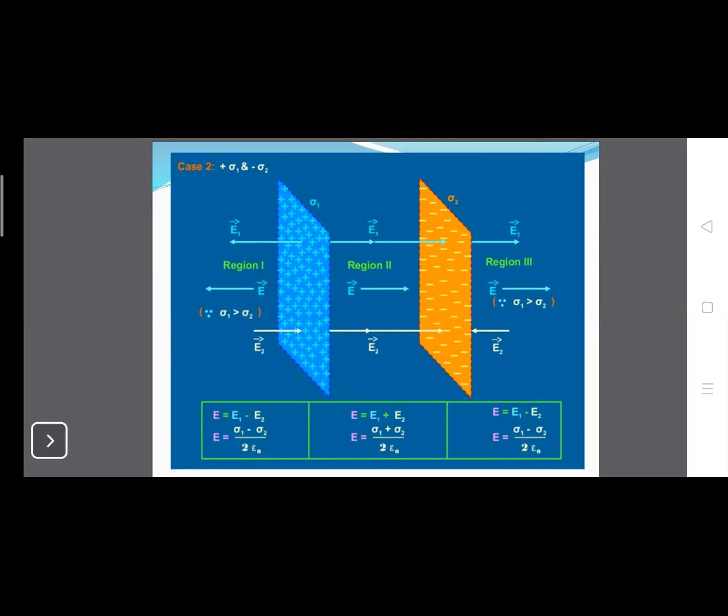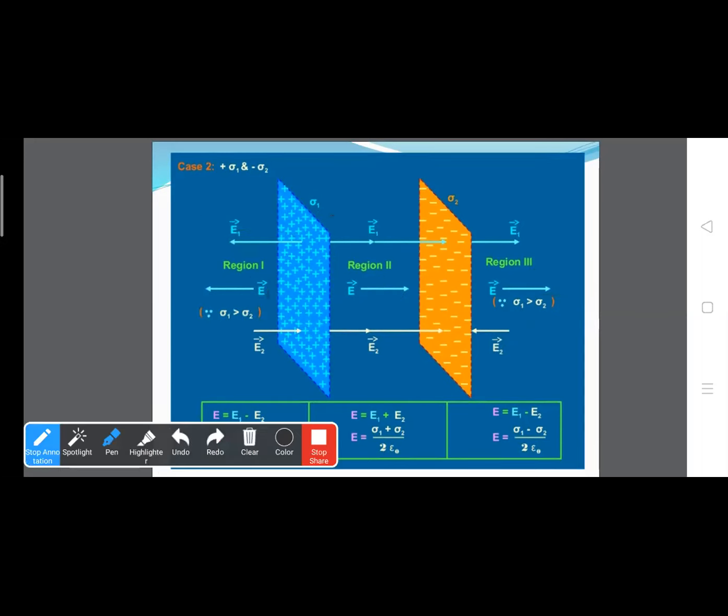Now find the electric field at point B. So draw the direction of the electric field. For this, the electric field due to plate 1 is in this direction, and the electric field of plate 2, that means due to the negative charge, is also in this direction. So the net electric field in region 2 at point B will be equal to E1 plus E2.